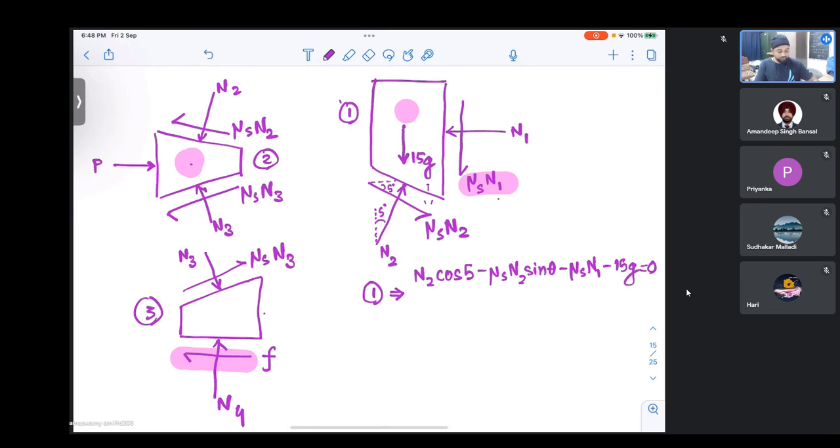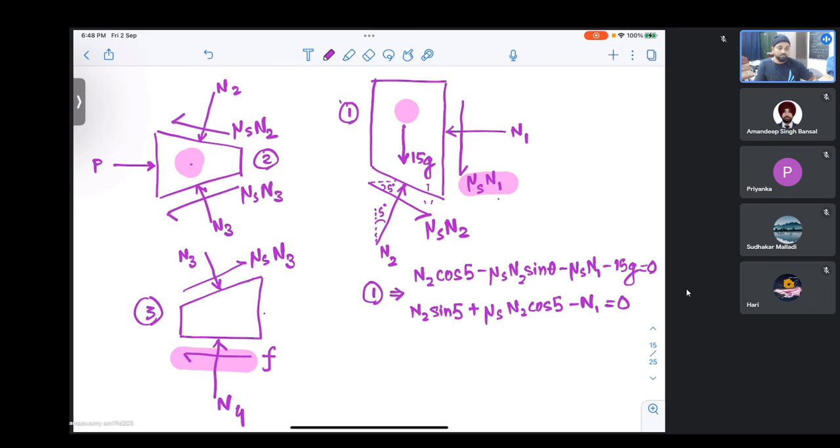No, that's about it. Then let us also write for the horizontal direction. We will have N2 sin 5 plus mu s N2 cos 5, and this is opposed by N1, minus N1 equal to 0.